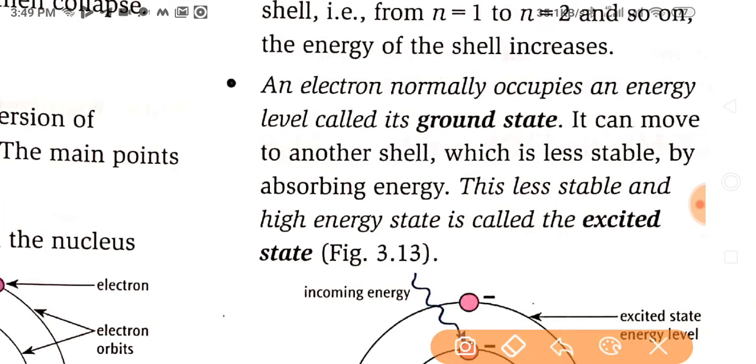So when an electron is in its energy level in a state of relaxation, it is in the ground state, but when it absorbs energy by some means, it becomes less stable, and this high energy state is called the excited state.